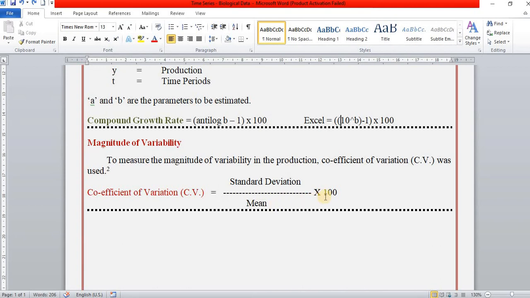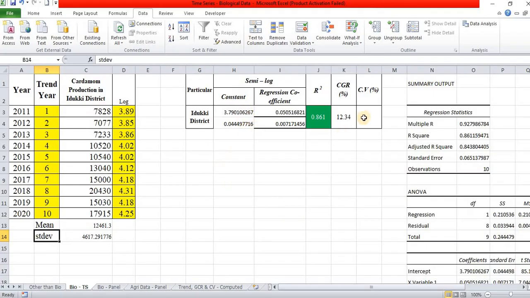Standard deviation divided by mean into 100. This is the formula. So let me take standard deviation divided by mean into 100. So the coefficient of variation is 37%. So it is continuously growing.